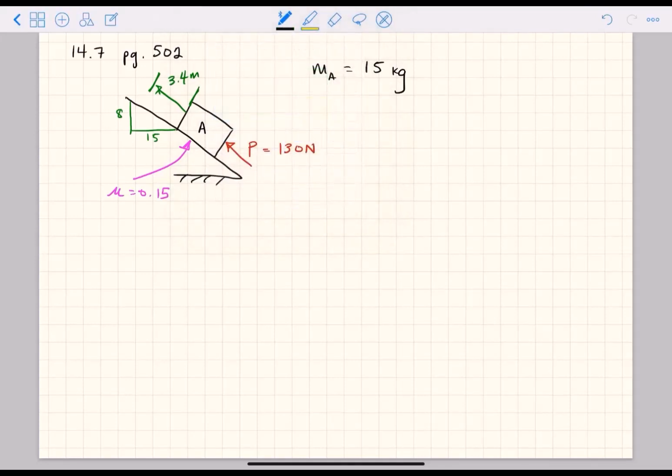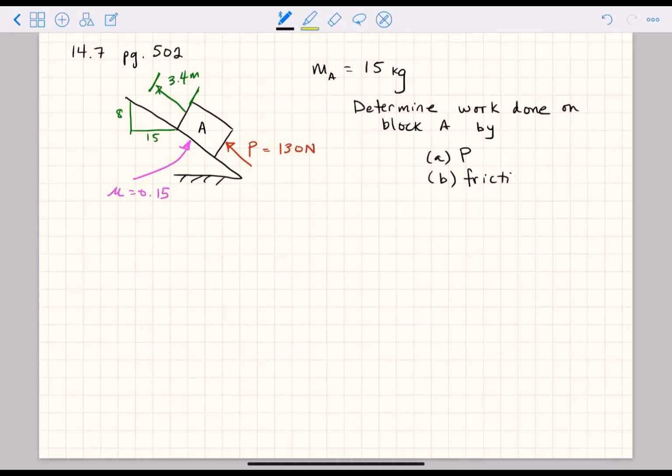So as I mentioned, we want to find the following. Determine work done on block A by, there's two different forces here. We have force P, but there's also a frictional force, as we would have learned in the previous chapter.